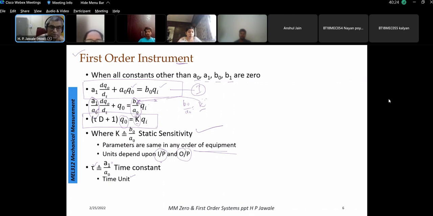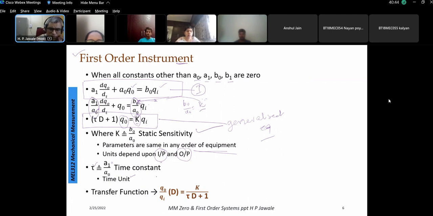With this, we can take this as a generalized equation for the first order system in the form of tau D plus 1 times Qo equals k times Qi. Right. So the transfer function for the first order equipment will be given as Qo upon Qi equals k upon tau D plus 1. So this is a generalized representation again of the transfer function.